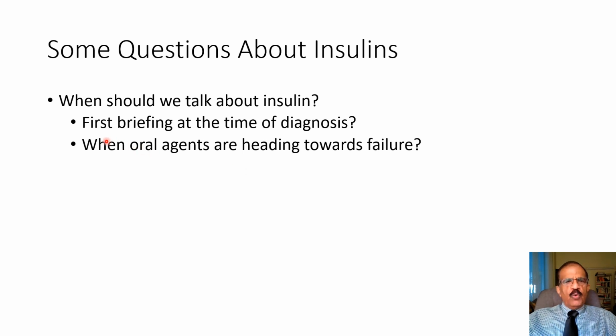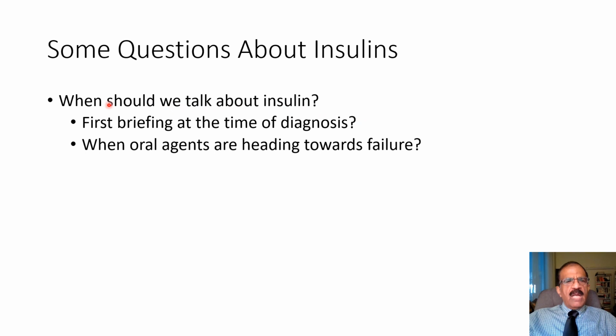I think when we do the first-time briefing at the time of diagnosis, we talk about lifestyle changes, the importance of glucose control, oral agents, and we also talk about the possible use of insulin sometime down the line. I think that is the best time to talk about insulin as one of the treatment options.